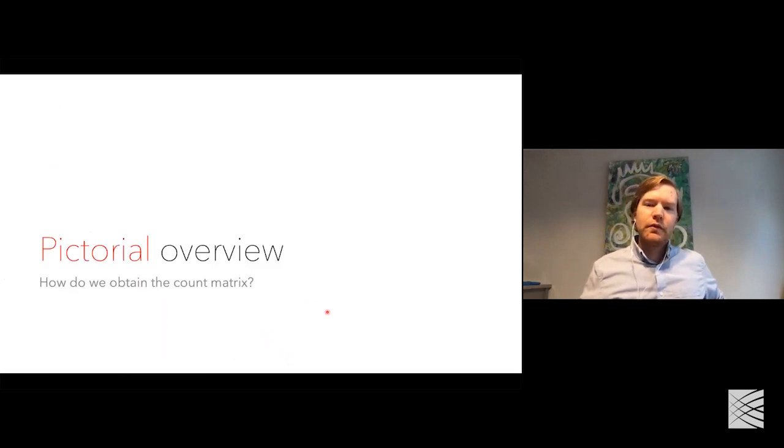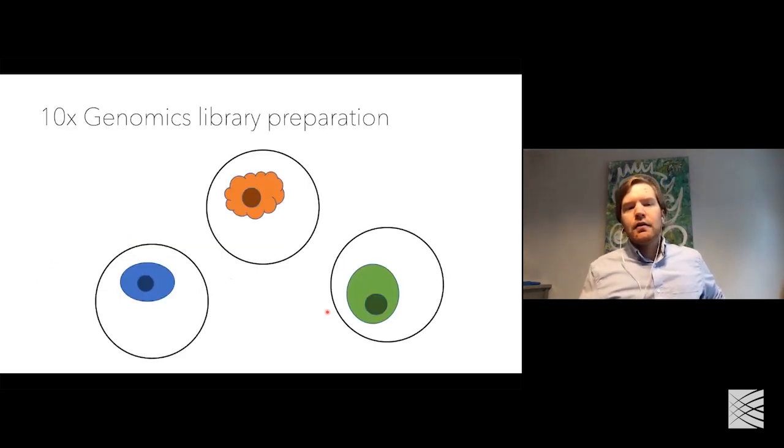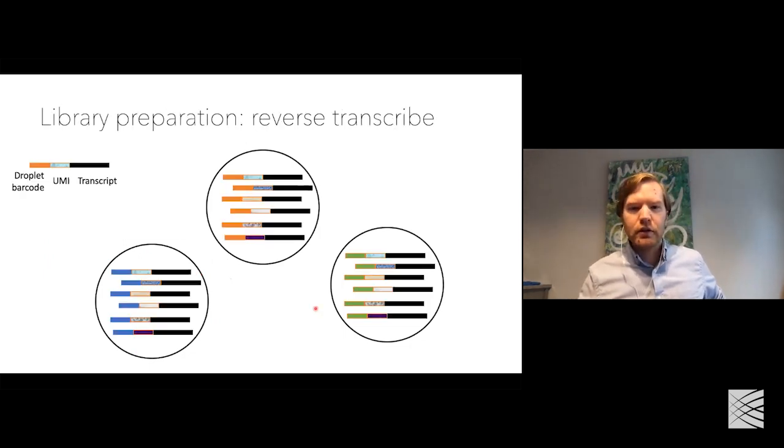So let's go through a pictorial overview. How do we obtain the count matrix? Okay, so briefly refreshing this library prep. What we have is these black outlines are droplets. We have single cells, each in their own droplet. What happens is we lyse these cells within their droplets.